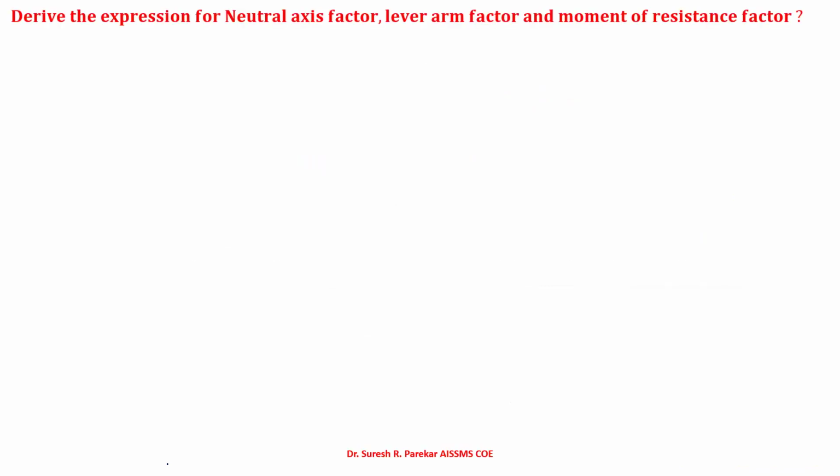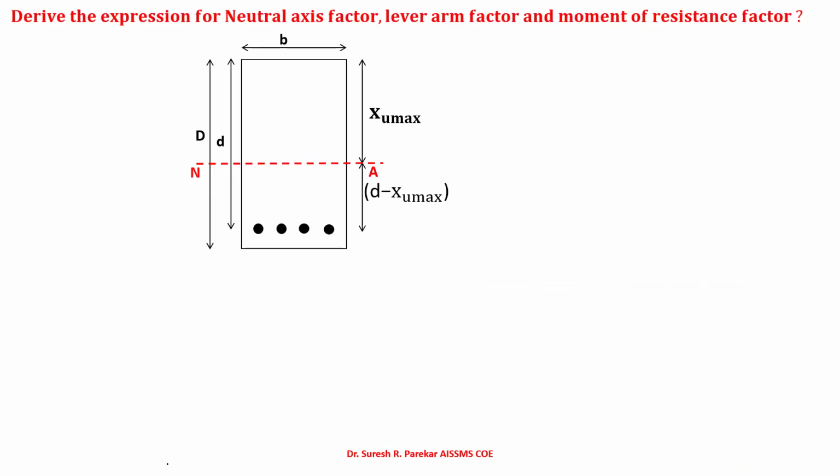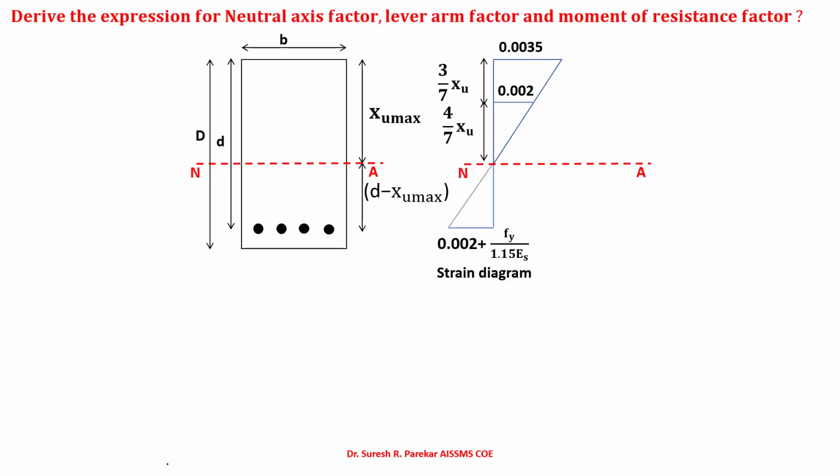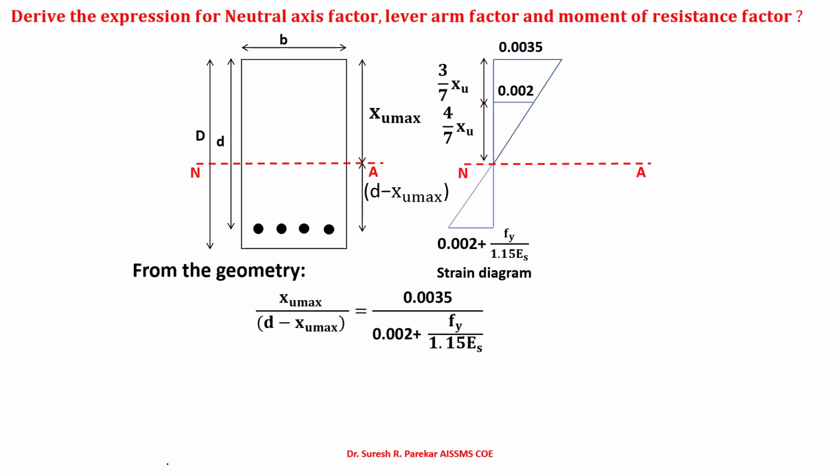Then derive the expression for neutral axis factor, lever arm factor, and moment of resistance factor. So we have to draw this diagram. Then we have this as strain diagram. Then from the geometry, we are going to consider similar triangles. So by considering similar triangles, we have this as xu max upon d minus xu max.